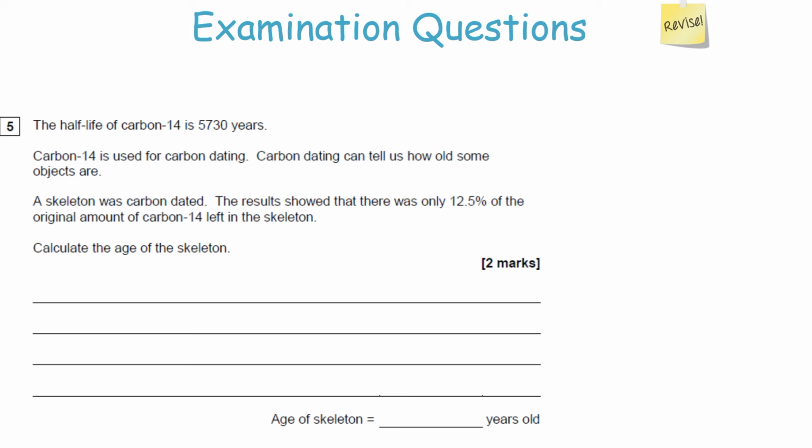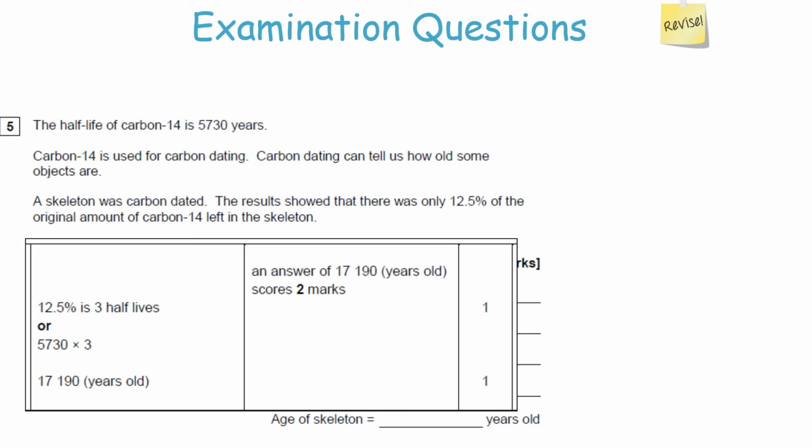The tip is, if you ever want to work out how many half-lives you've got, you start with your original number and keep dividing by 2 until you get to the number you want, which in this case is 12.5. So 12.5% gives us 3 half-lives. Now, one half-life is 5,730 years, so therefore 3 half-lives is 17,190 years.